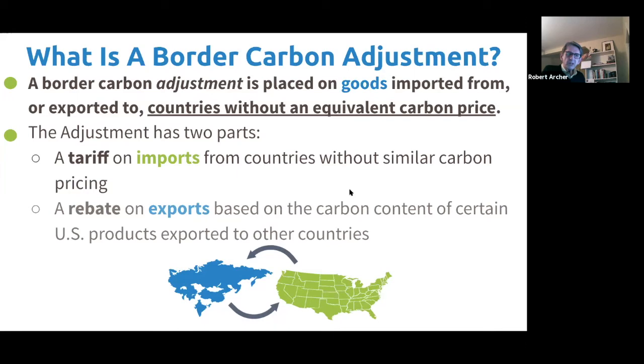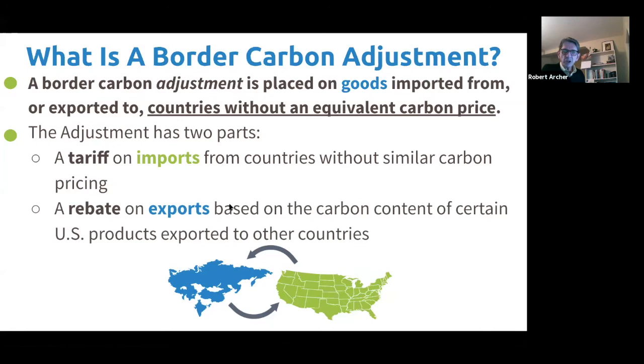The terms duties, tariffs, levies are often used interchangeably. Let's use Brazil as an example and assume the US has a carbon fee and Brazil doesn't. So the adjustment has two parts: a tariff on goods from Brazil, where there's no equivalent price on carbon, and a rebate on US exports to Brazil. A Brazilian firm with no carbon fee would have an unfair advantage over a US competitor.